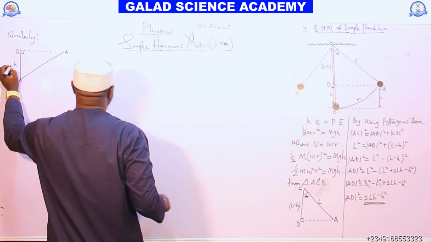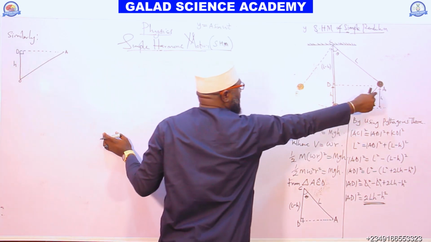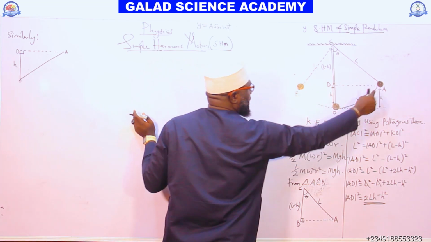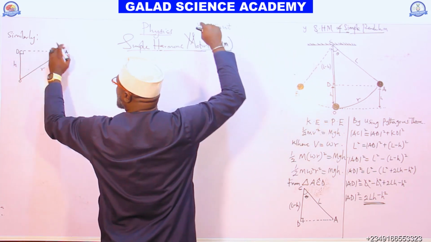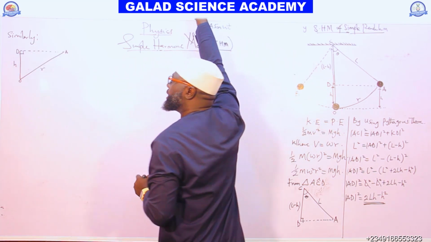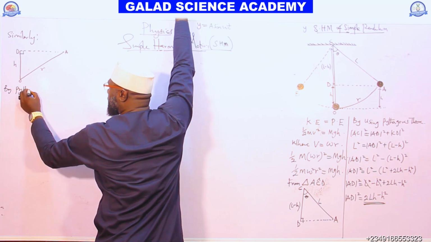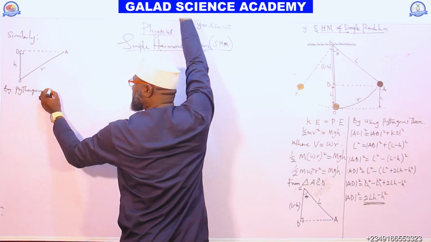And here we have H. DO is H, AO is R. Let us know the AD by Pythagoras theorem too. By Pythagoras theorem.